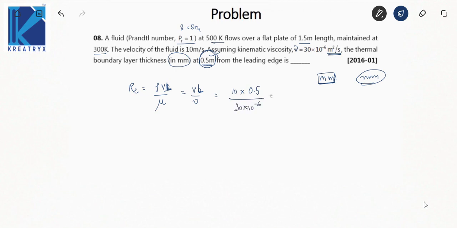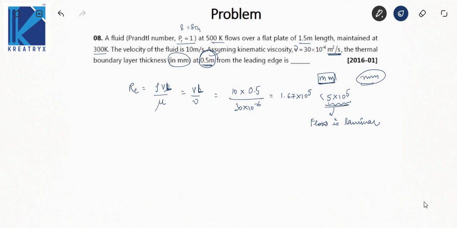When you solve this, the Reynolds number will be 1.67 into 10 raised to the power 5, which is less than 5 into 10 raised to the power 5. That means the flow is laminar. This is the condition, you must know this.